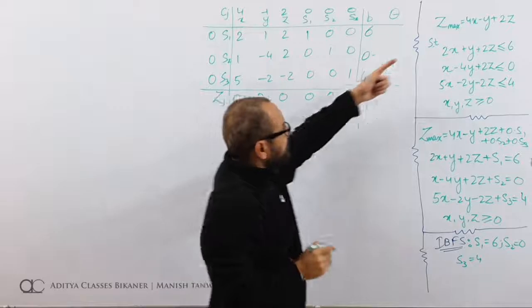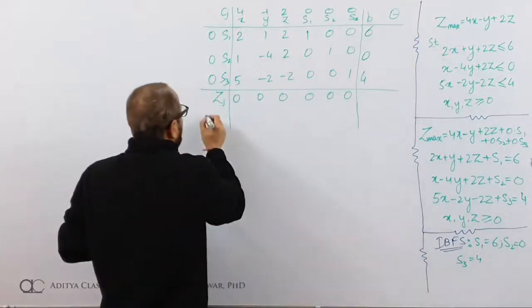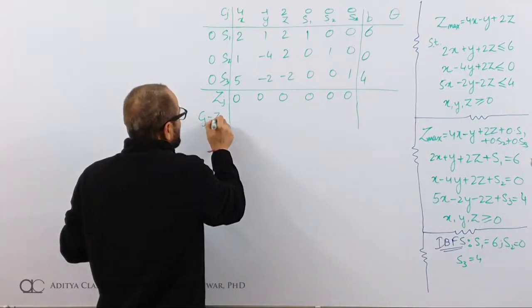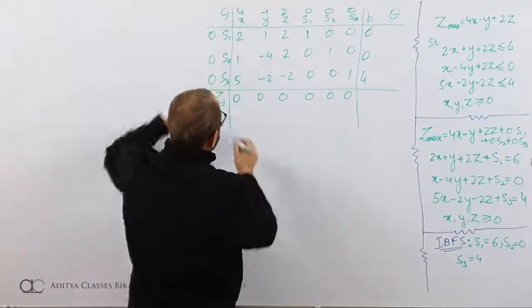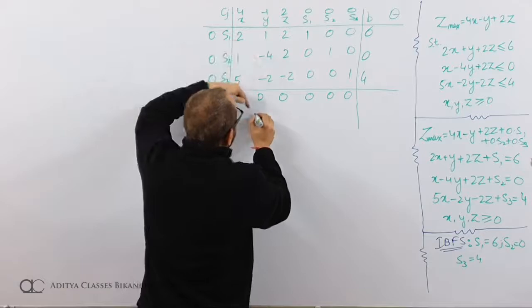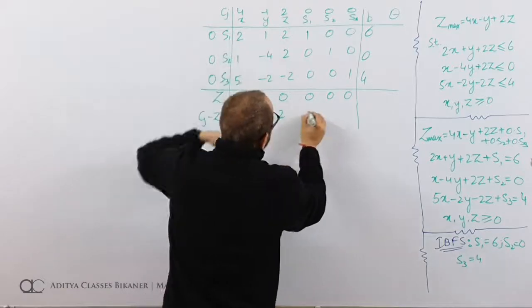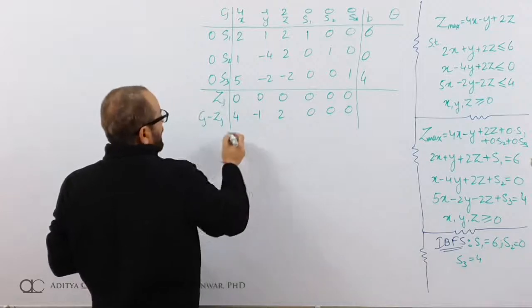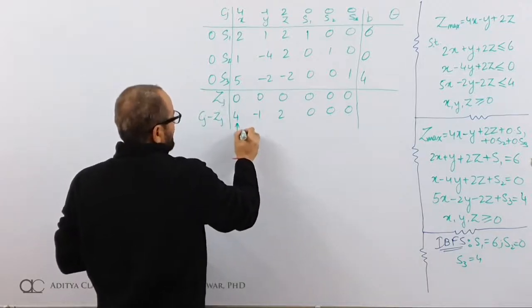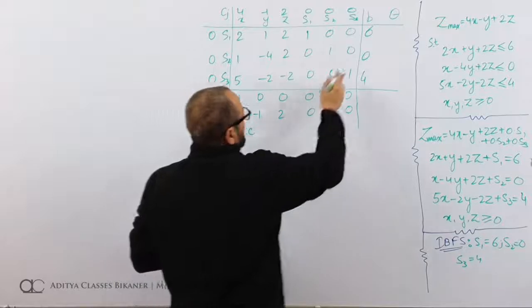Then because this is maximization, I'll go for Cj minus Zj. 4 minus 0, minus 1, 2, 0, 0 and 0. This is the most positive, giving me my key column.